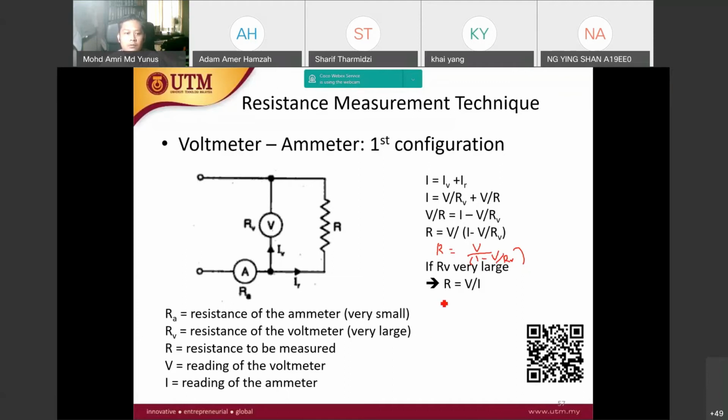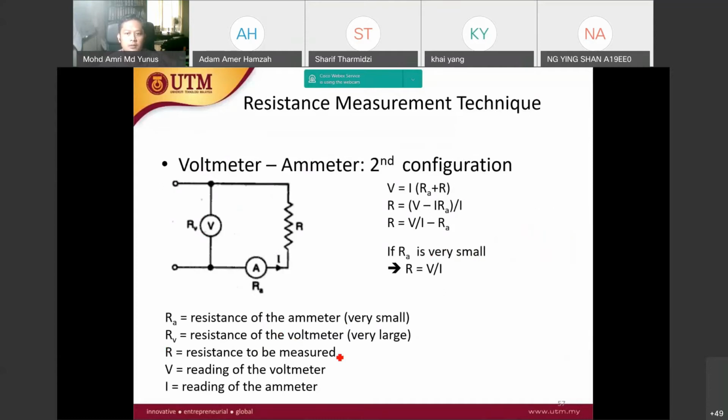In this case, if the internal resistance of the voltmeter RV is big, then V over RV is close to 0 amperes, therefore R will be V over I. So it must fulfill this: RV must be very large and RA must be very small.